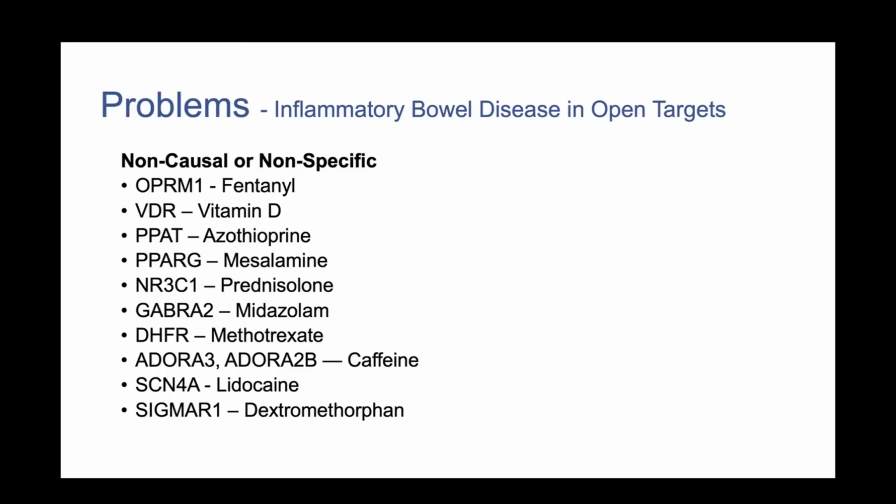Then you have non-specific ones. So azathioprine and mesalamine, these are good drugs, as well as methotrexate, for inflammatory bowel disease. But we almost have no idea how these drugs work. They work in very broad mechanistic systems. And if you dive into them, you can end up with a whole bunch of targets. So if you look at multiple sclerosis, this is another fun one to look for. You get the whole KCN family.